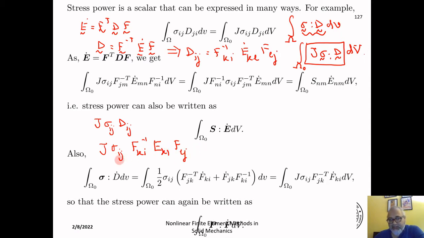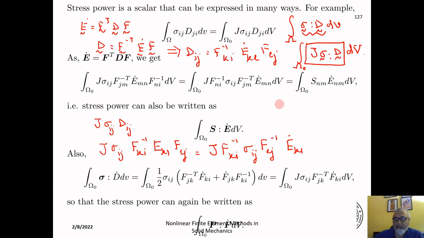Now I take the sigma terms together, which make it J F inverse Ki sigma ij F inverse Lj times E dot KL.